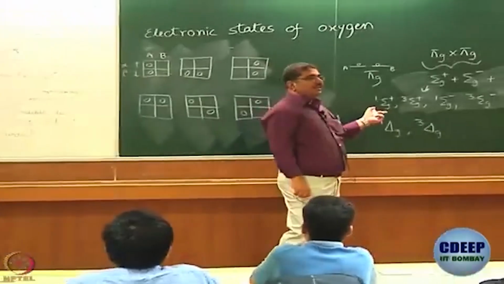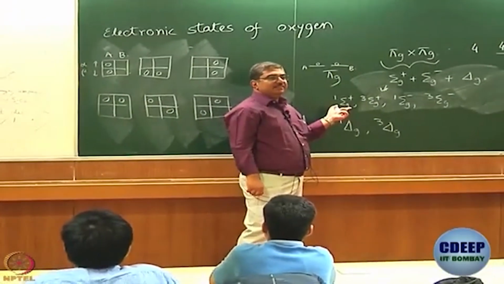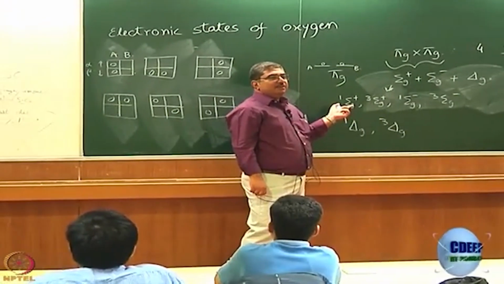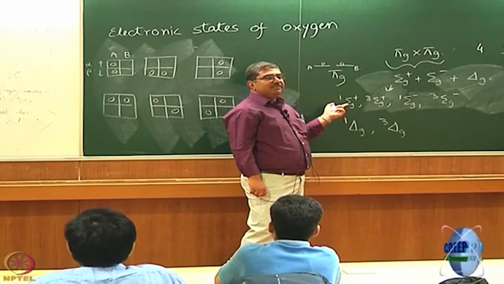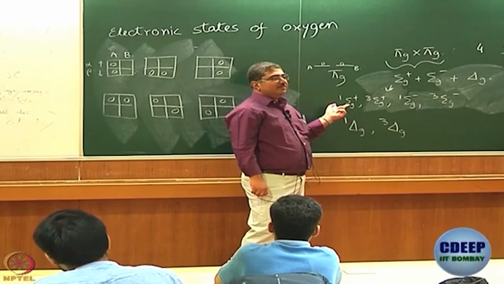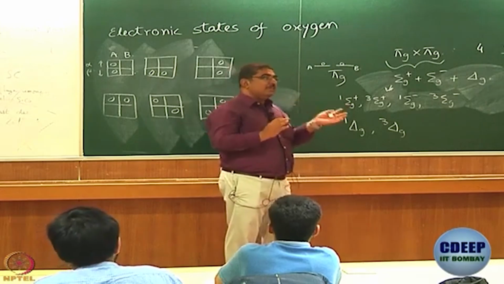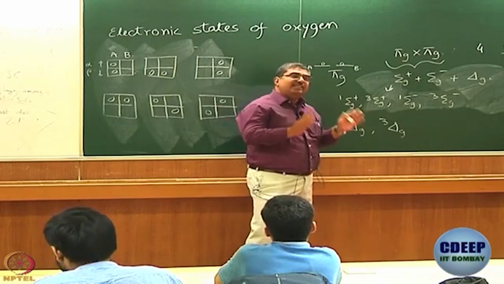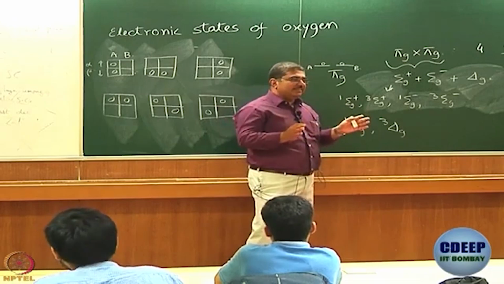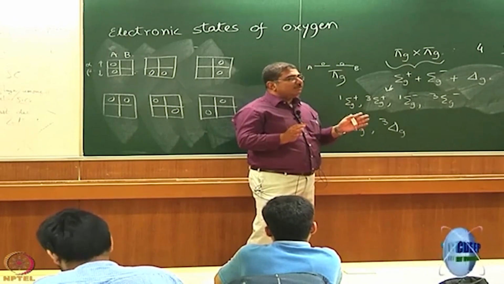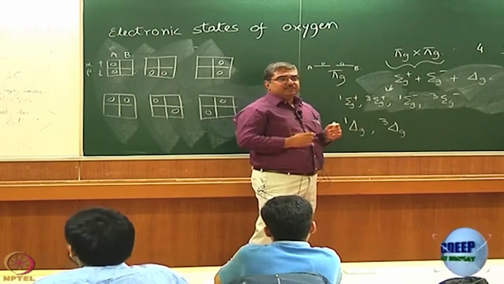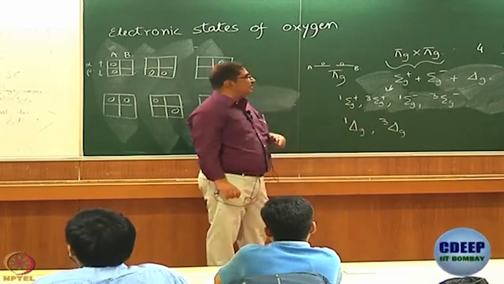How do I eliminate? Any guess? Pauli principle, what is Pauli principle? The overall wave function, total wave function means space part multiplied by spin part, has to be antisymmetric with respect to exchange, right? Total wave function has to be antisymmetric. So, let us see how many of these are antisymmetric, how many of these are symmetric.